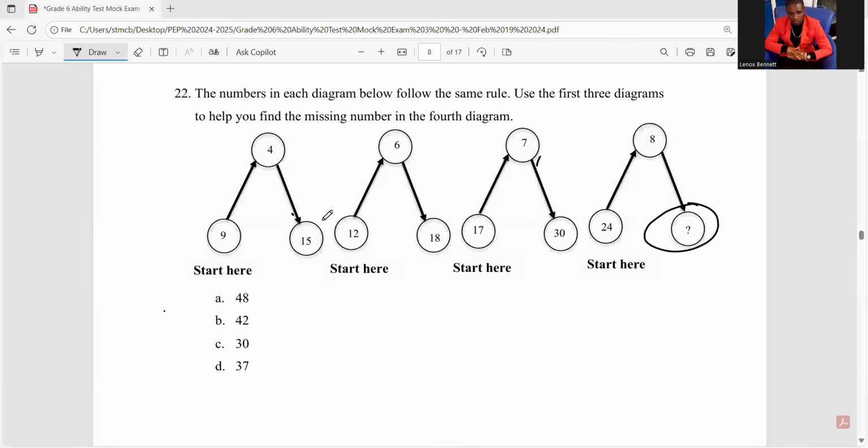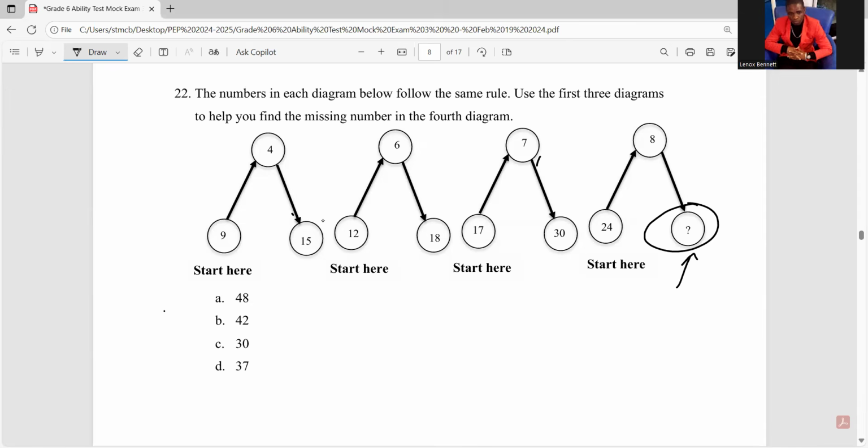Alright, so it says the numbers in each diagram below follow the same rule. The same rule means there's one rule that they are using. So we have to figure out that rule first before we can even figure out this one over here. Use the first 3 diagrams to help you find the missing number in the 4th.